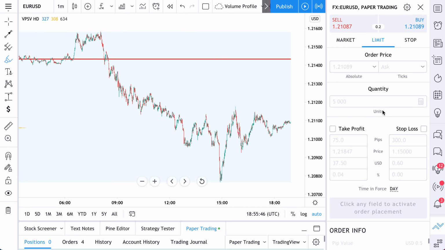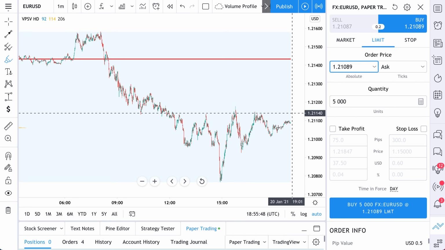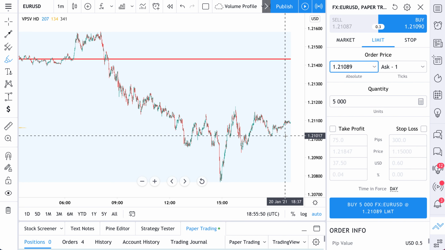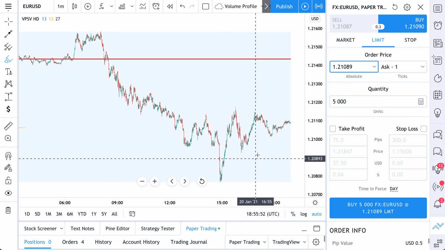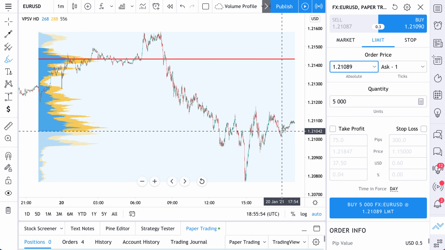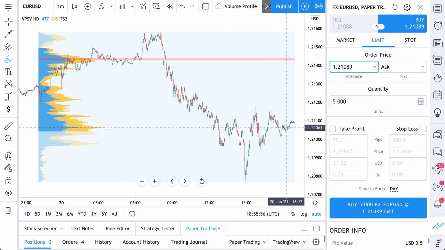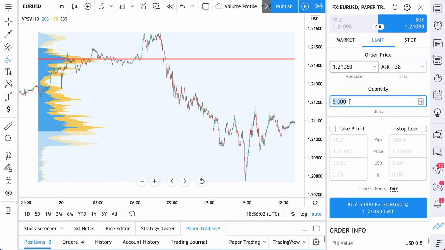So we open up our order panel, and we will go 1.210. Let's make sure we get this perfect. 1.2106. And of course, it's just paper trading, and we don't want to take too much risk or anything of the sort.